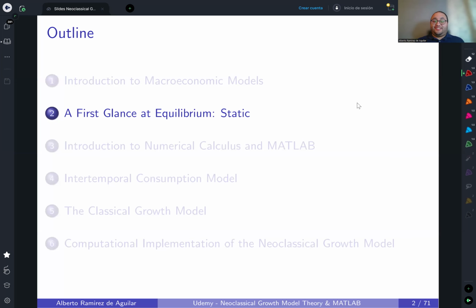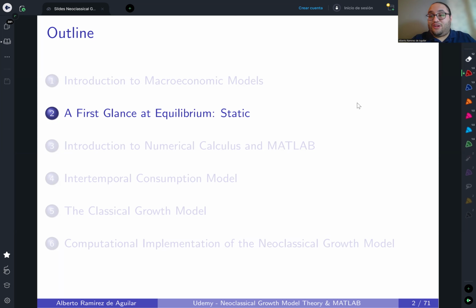Hello again. Well, now that we have discussed what a macroeconomic model is, the first thing we're going to do before delving into the neoclassical growth model is discuss a simplified version of the model, which is sometimes referred to as the static model.